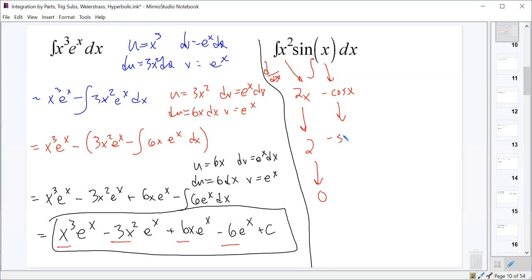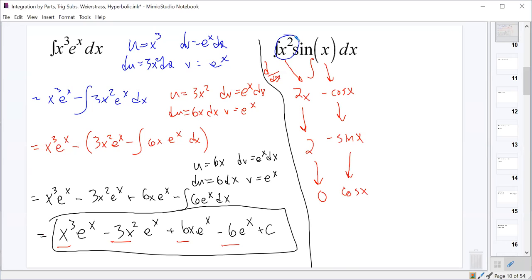Negative sine x. And what's the integral of that? Cosine x. So we've differentiated and we've integrated each time. Okay. And what we're going to do is we're going to group it this way.